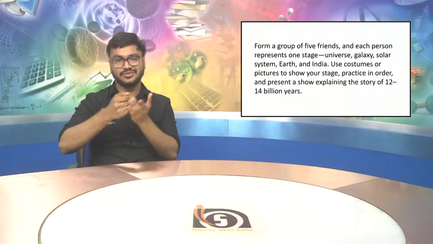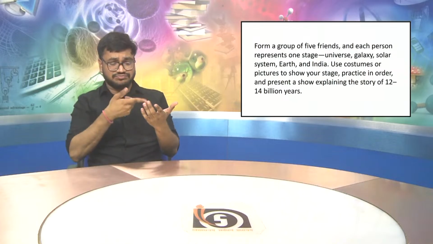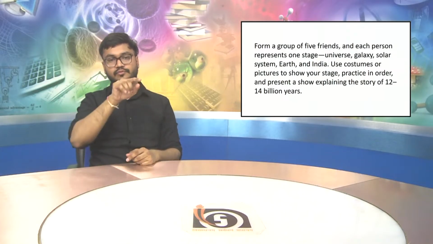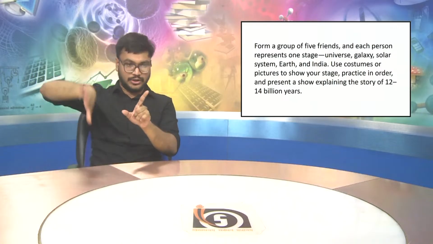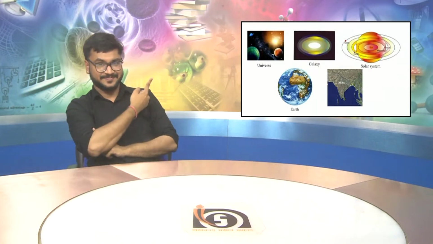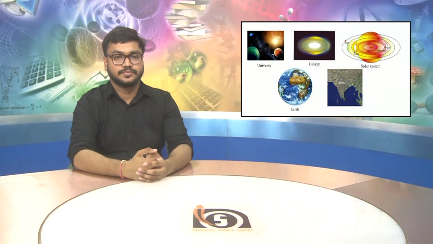Practice in order and present a show explaining the story of 12 to 14 billion years ago. These are the 5 stages which are going to be presented on the stage: universe, galaxy, solar system, earth, India.